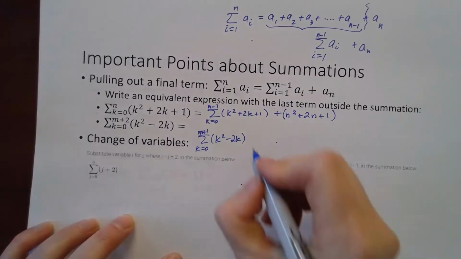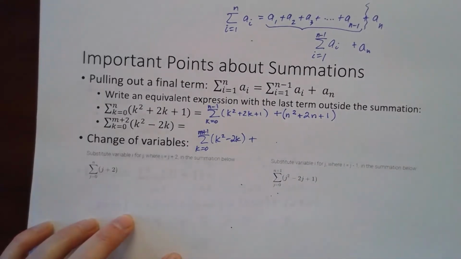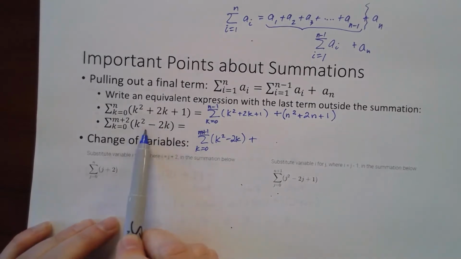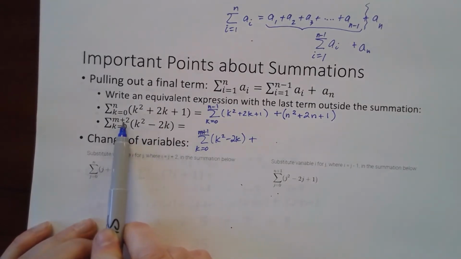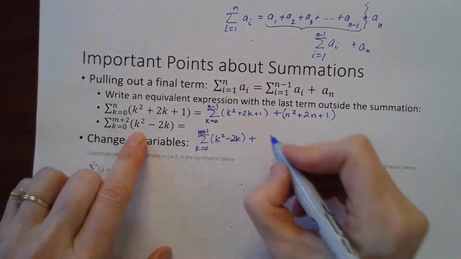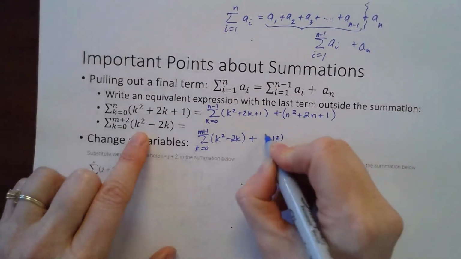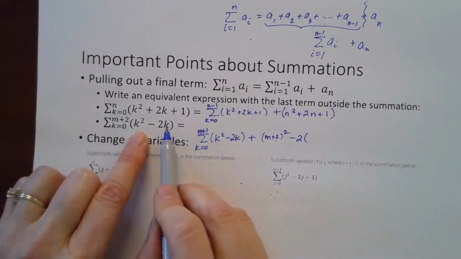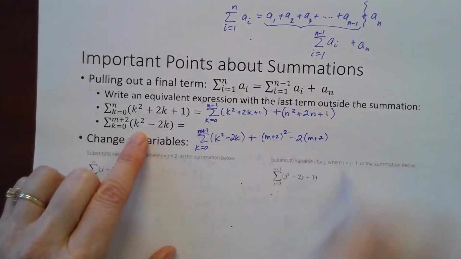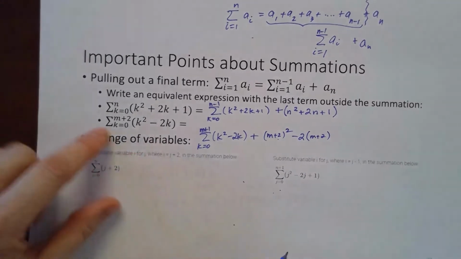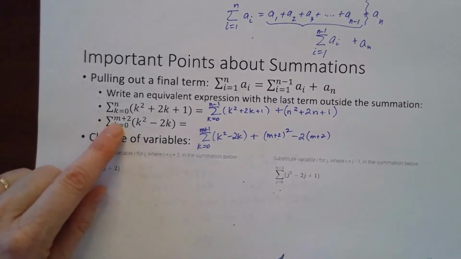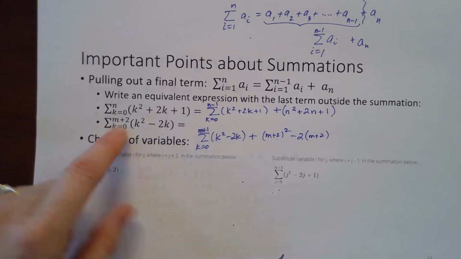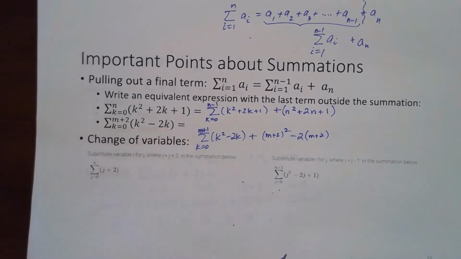And then I have to add on the last term. The last term would be this expression evaluated when k is n plus 2. So that would be n plus 2 squared, minus 2 times n plus 2. I'm just taking the upper limit on this index and substituting it into that expression.